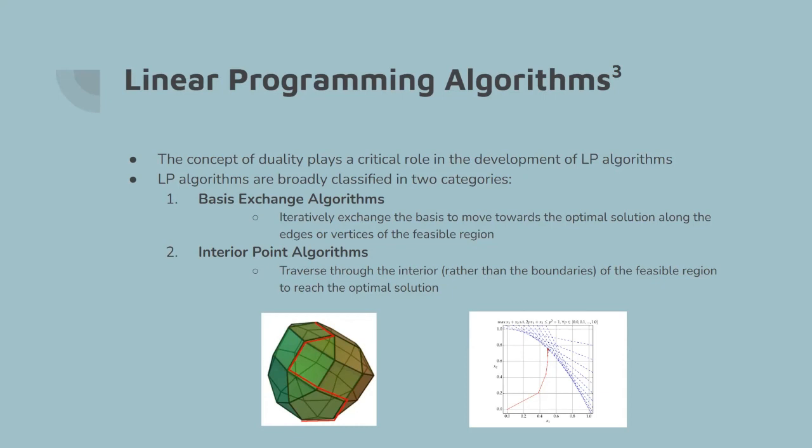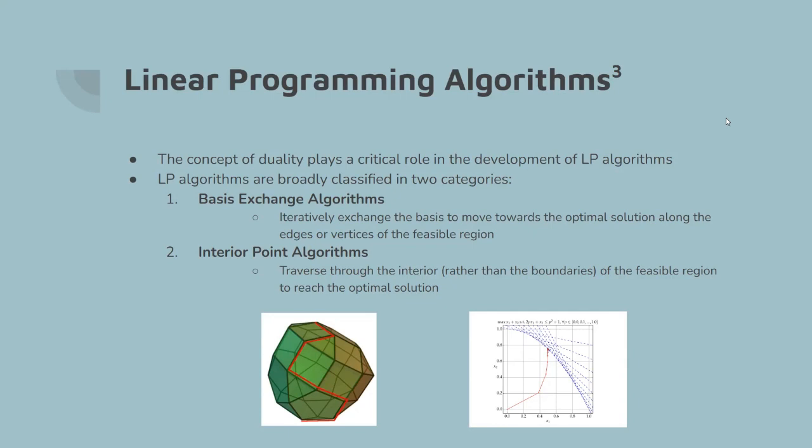So in the picture on the left, you can see a visualization of a basis exchange algorithm. The algorithm moves along the edges of the feasible region and eventually ends up at the optimal solution. The other type of linear programming algorithms is interior point algorithms.